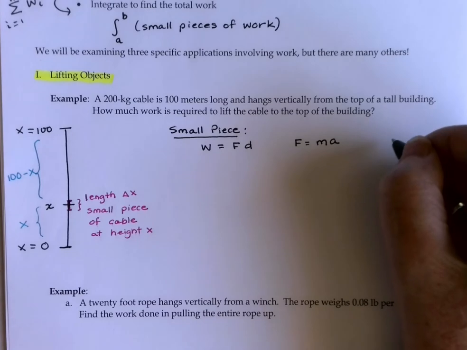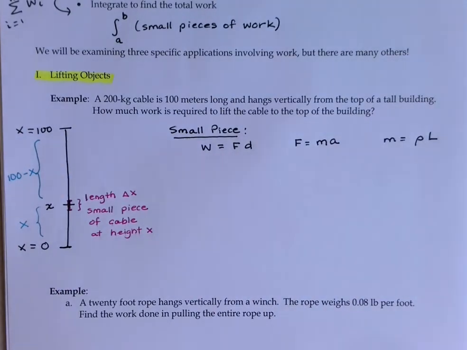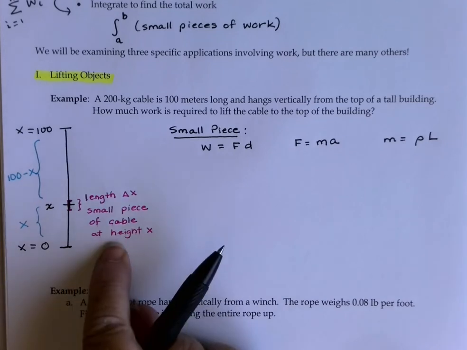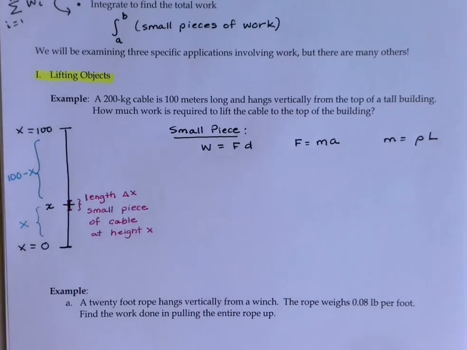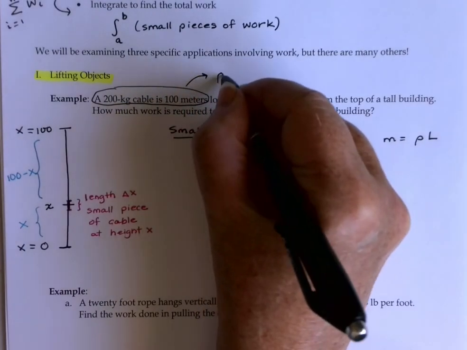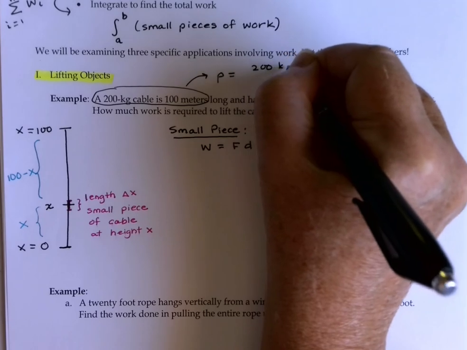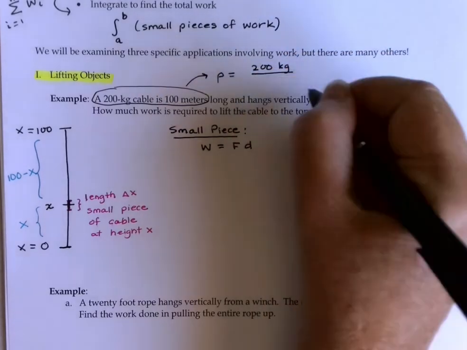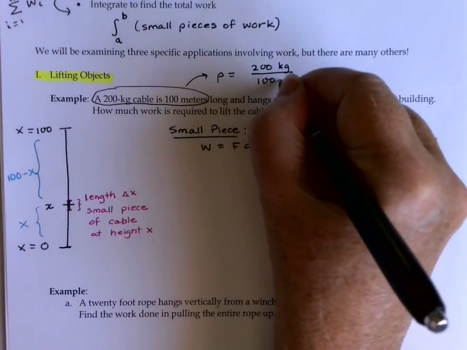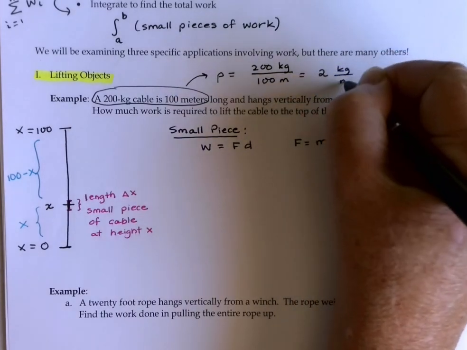So I'm going to have to go one more step. Mass equals density times length. For this tiny little piece, I know the length, it's delta x, but what about the density? I'm going to actually have to get the density from the information in the problem. The 200 kilograms is spread over 100 meters. So the density is actually 2 kilograms per meter.